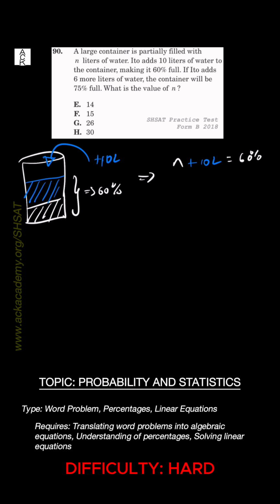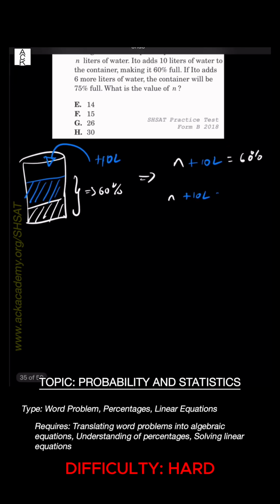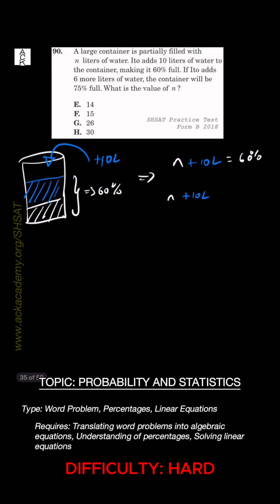So this would be n plus 10L is equal to 60 over 100. Before we continue, let's do the next case as well.